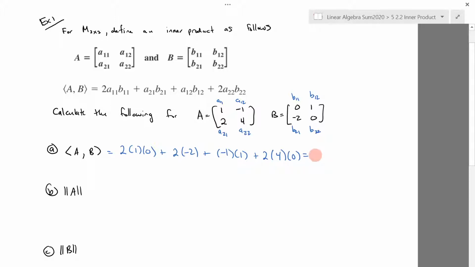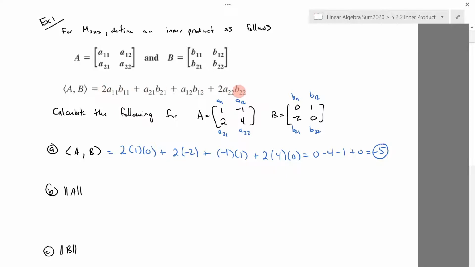Now we calculate: this is 0 minus 4 minus 1 plus 0, which is equal to -5. That's the inner product of A with B.